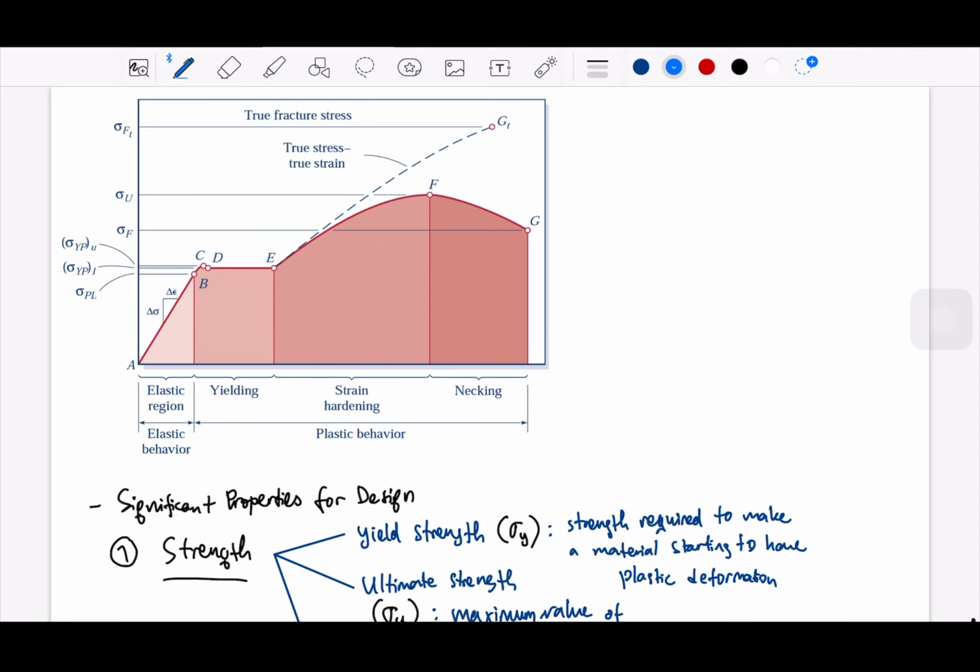What's the yield stress for the carbon steel, what's the ultimate strength, and how about the elastic behavior, plastic behavior, ductility, and so on. And you should be able to do that on the board.